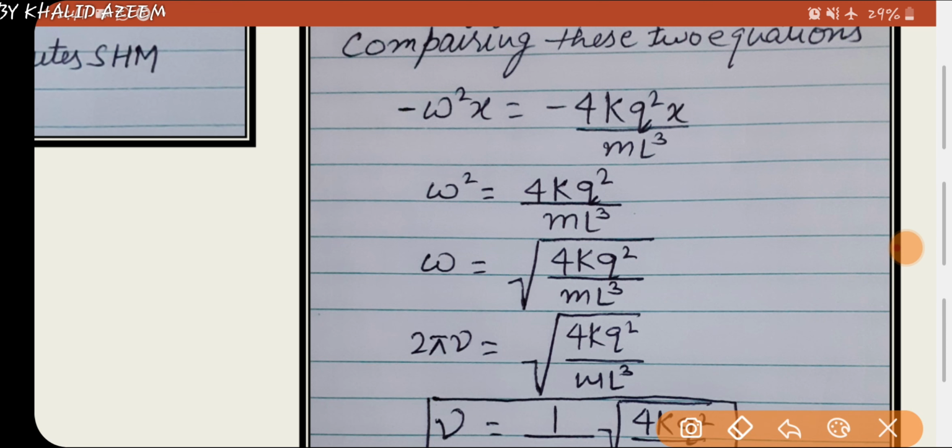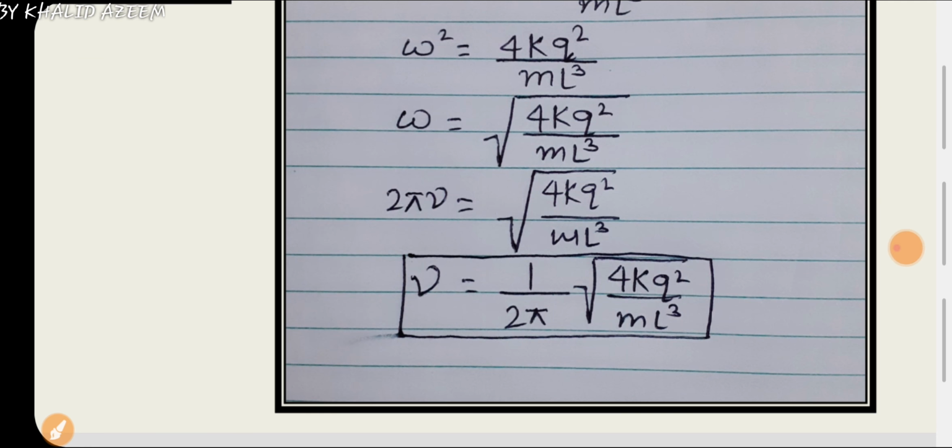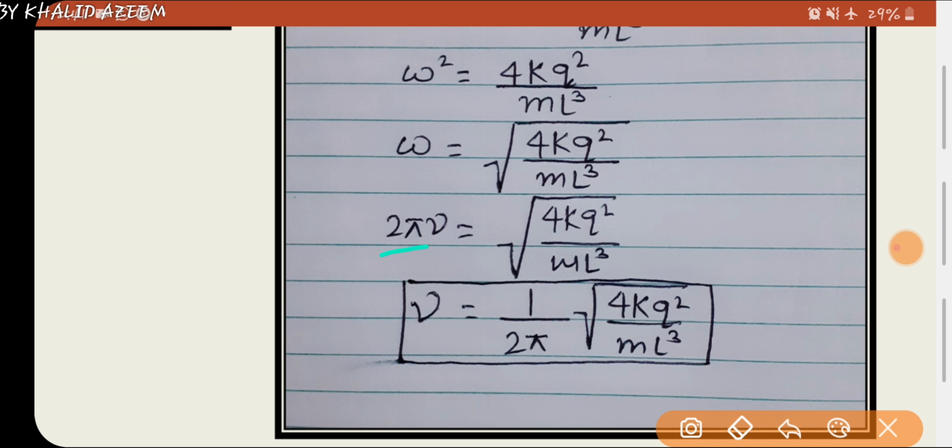Omega is equal to 2 pi nu or 2 pi upon T. If I am calculating time period, then we will use 2 pi upon T, and if I am calculating frequency, then we will use 2 pi nu. So in this question we are calculating frequency, so 2 pi nu equals the square root of 4k q square upon m L cube.